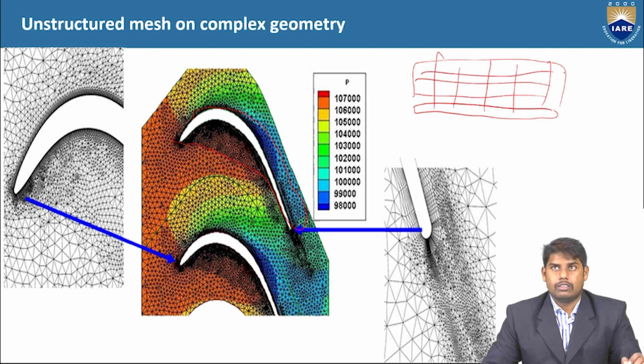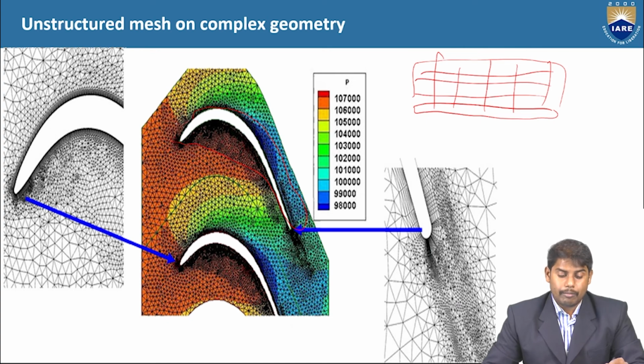But for this entity, since you have a curvature and it is somewhat complex, it is better to use an unstructured grid.